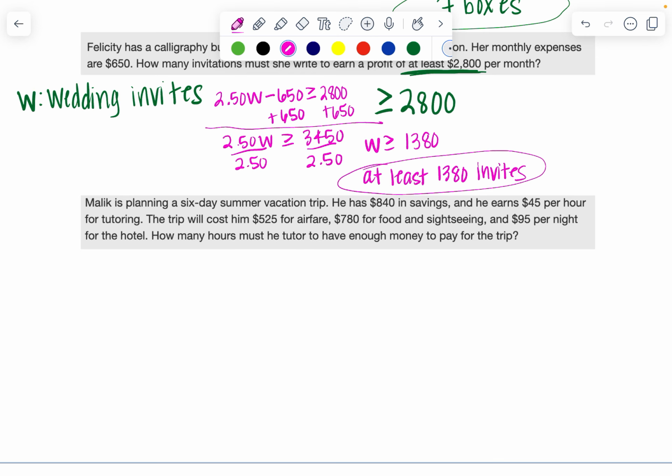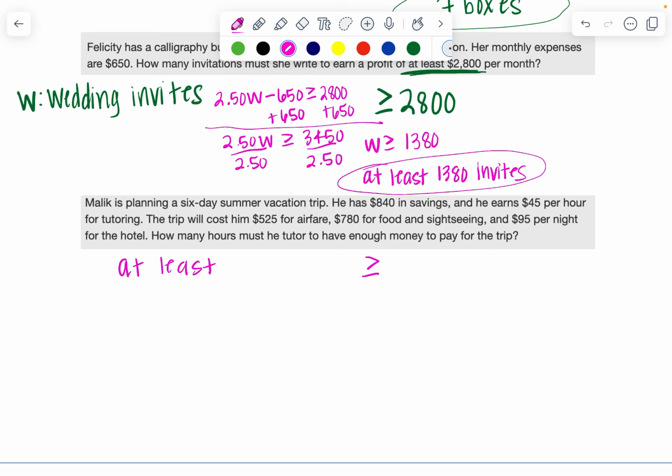All right, so he needs to have at least enough money to pay for the trip. So it's going to be greater than or equal to.